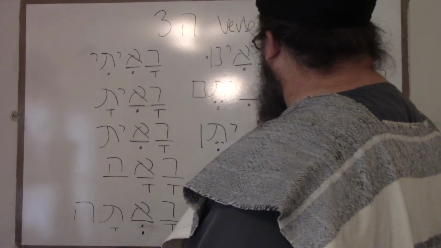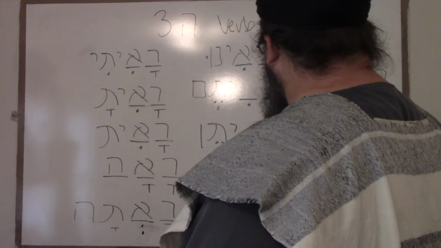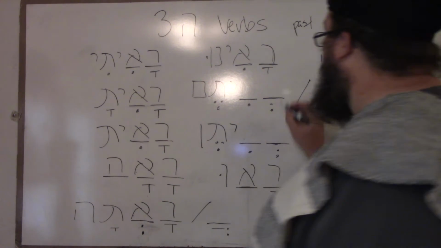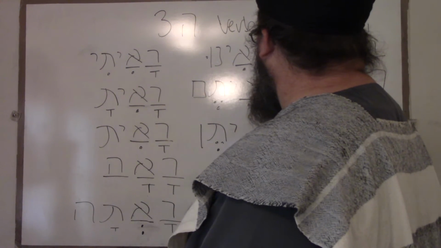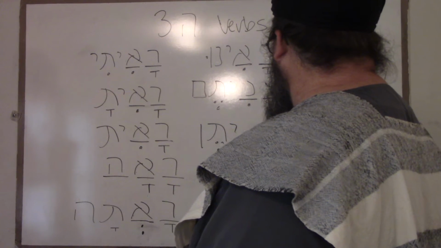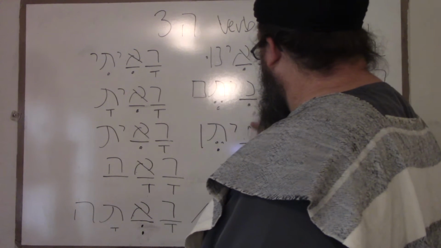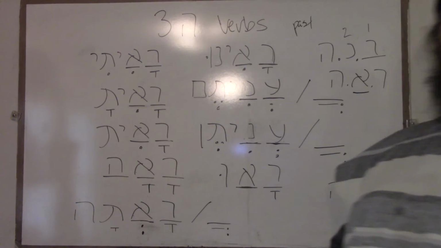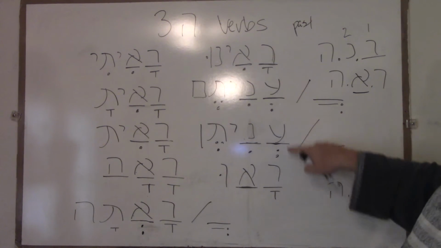If we look at this as blank spaces and put the ayin here and the nun, the ayin here and the nun, we have a problem with the shewa in this case.